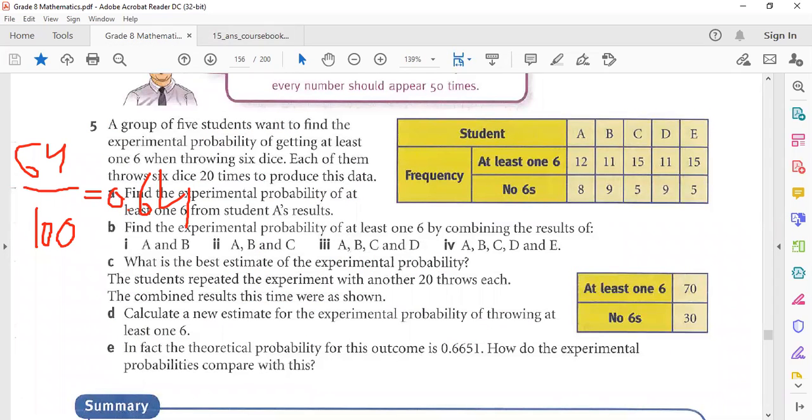Now question number two. Find the experimental probability of at least one six by combining the results of A and B. So 12 plus 11 plus 12, that is equal to 23. So 23 divided by 100.